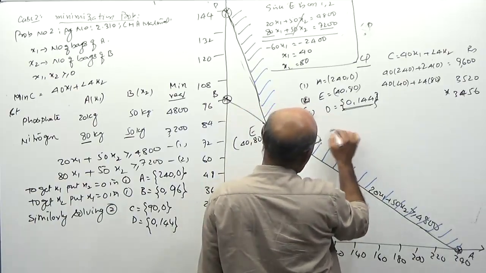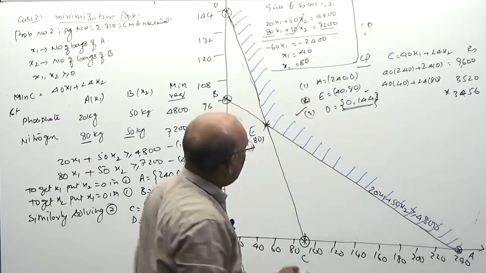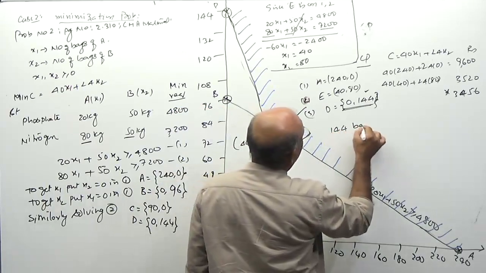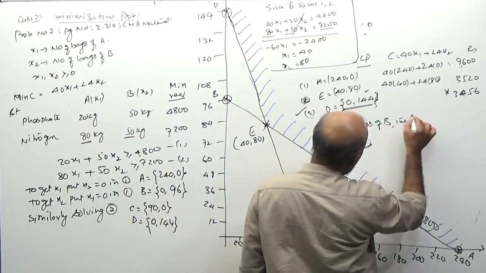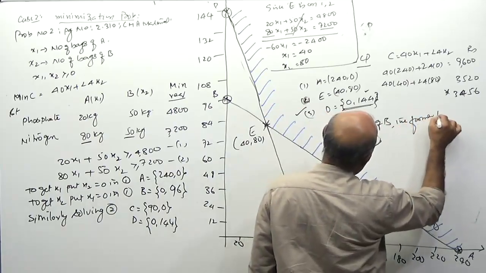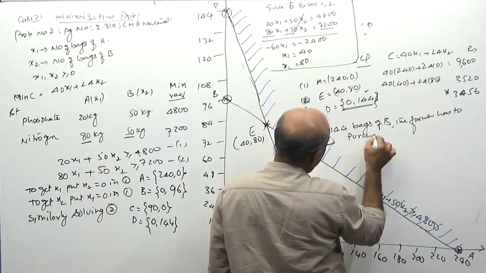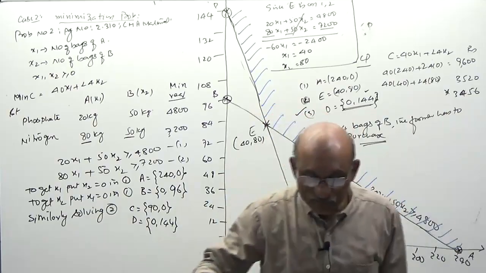So 144 will represent bag B. 144 bags of B the farmer has to purchase to minimize his cost. Okay, sir.